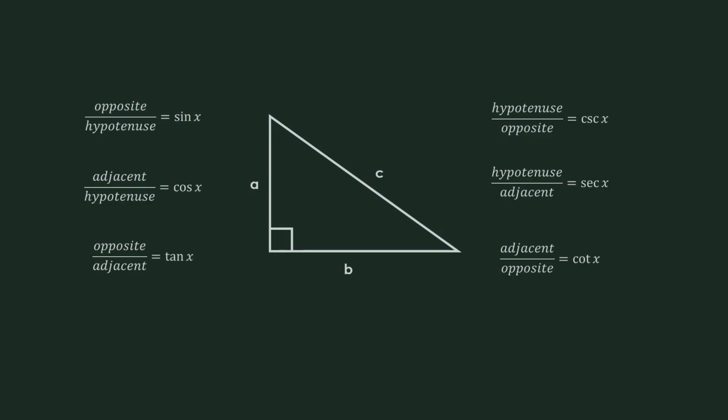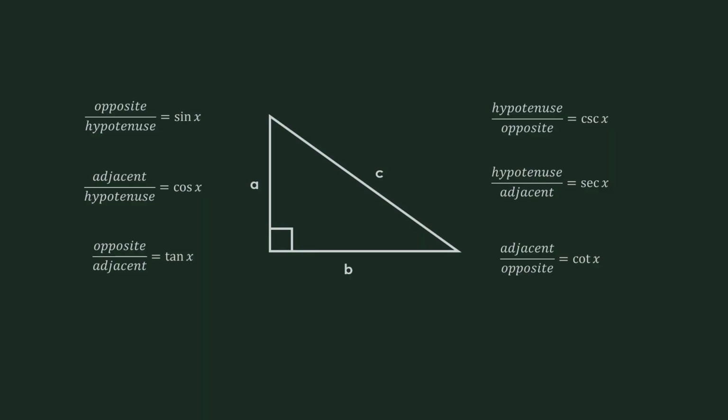So we can simplify these ratios by replacing the names with the sides A, B, and C. For A, we have opposite, B the adjacent, and C the hypotenuse.